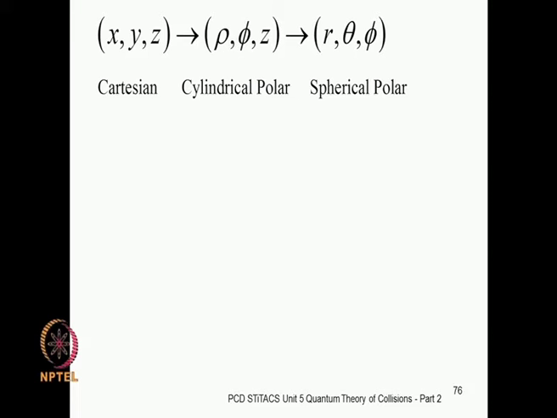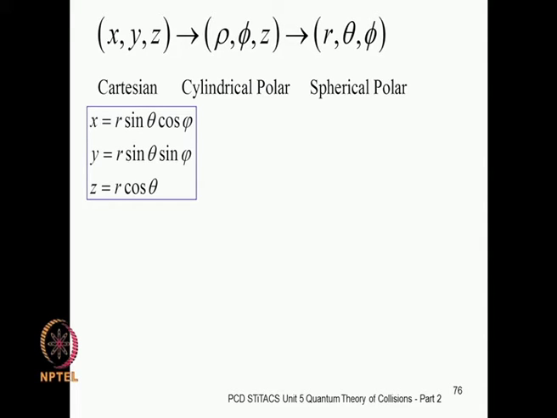So, let us take a typical example: you can go from the Cartesian coordinate system to the spherical polar coordinate system, and these are the usual coordinate transformations, and you can express the same point in space either as x, y, z or as r, theta, phi, and you have exactly the same information.